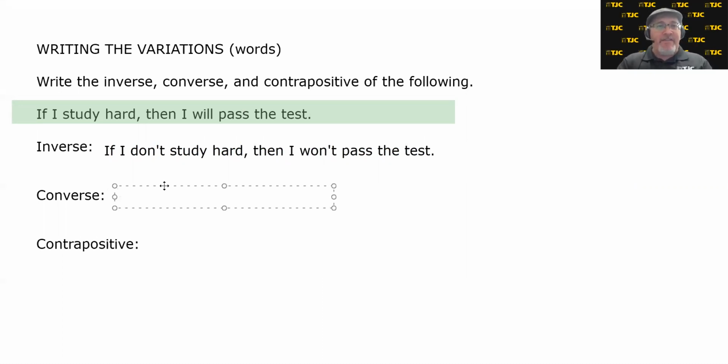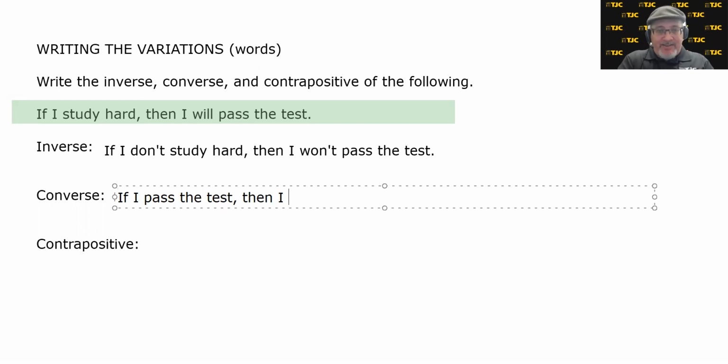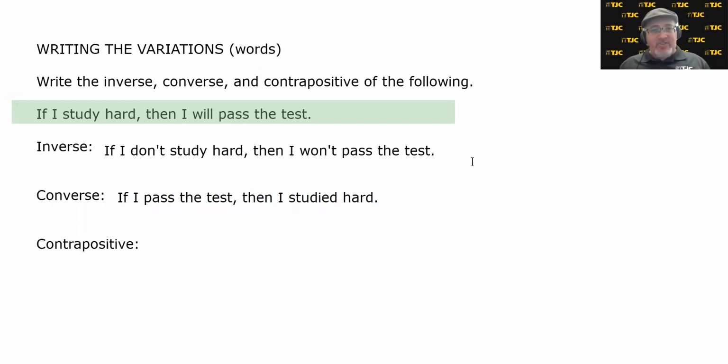So instead of if I study hard, then I will pass the test, it's if I pass the test, then, and we'll fiddle with the verb tense, I studied hard, since obviously the studying happened before the test. Is that true? Not necessarily. You could pass the test, but not have studied hard if you got lucky or if you cheated. So neither the inverse nor the converse is necessarily true if the original statement is true.